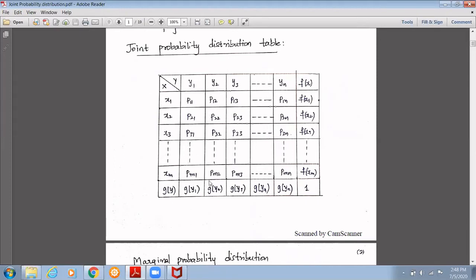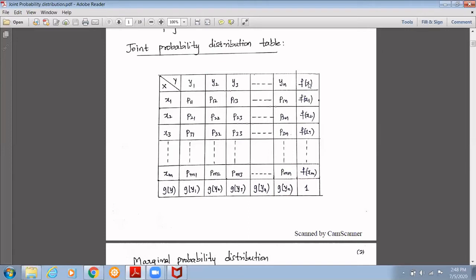Similarly, coming to the last row, xm and y1, it is pm1. pm1 represents the probability of getting random variable x equal to xm and y equal to y1. In the same way, pm2 is the probability of getting x equal to xm and y equal to y2, and so on up to pmn. This pmn stands for the probability of getting random variable x equal to xm and y equal to yn. So these are the joint probability distribution entries.